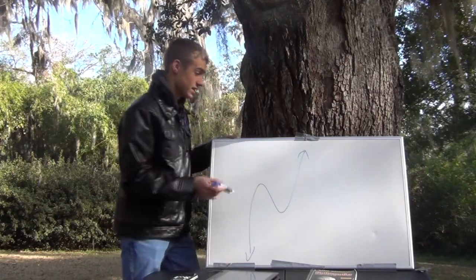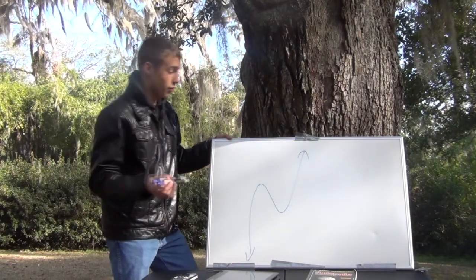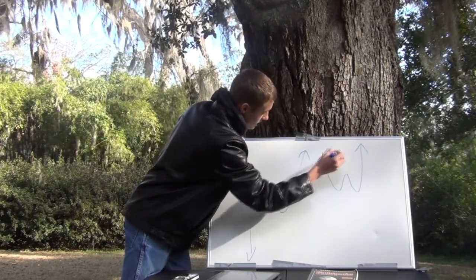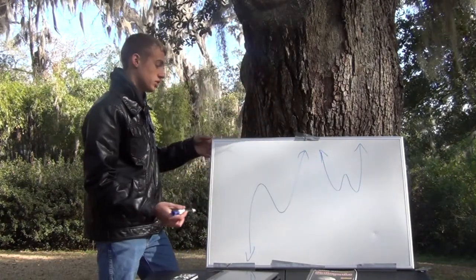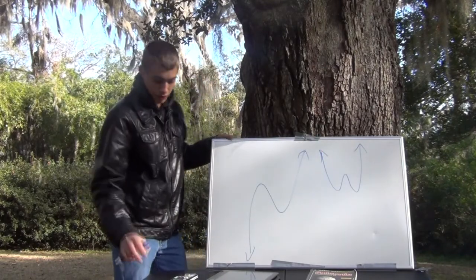You've got them heading in different directions, versus with, say, an x to the 4th graph, where you have both ends heading off in the same direction, that nice W shape. Even, they're heading in the same direction. Odd, because they're heading in different directions.